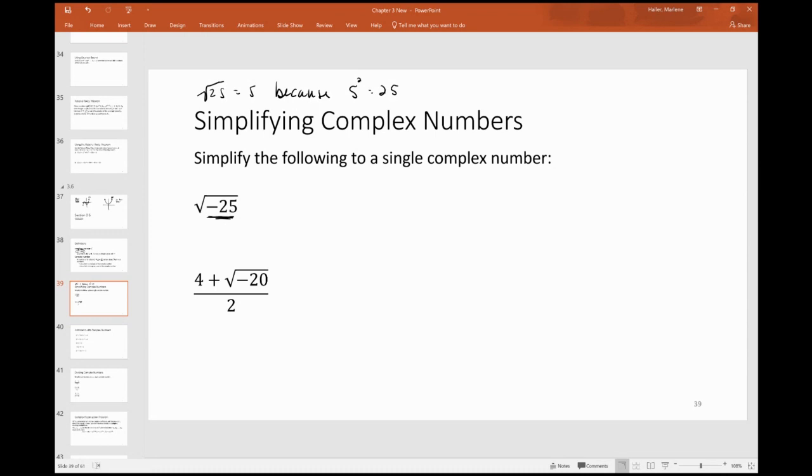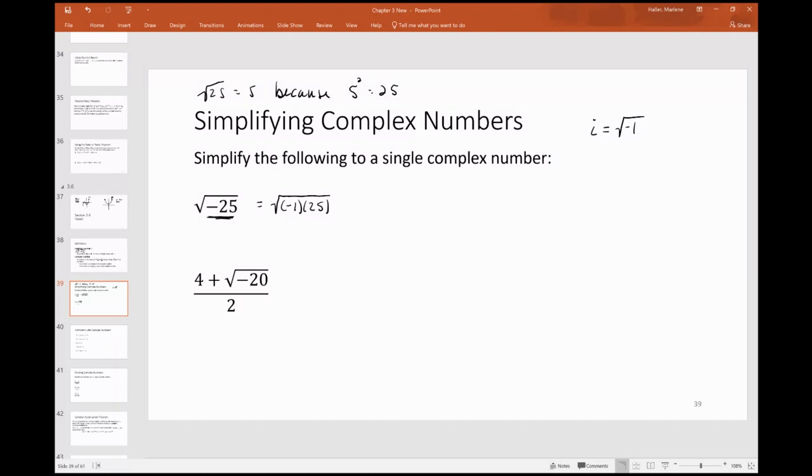However, what squared would equal -25? Nothing, right? So what we need to do is employ the imaginary number, which we refer to as i, and recall that the definition of the imaginary number is the square root of -1. So I could then rewrite the square root of -25 as the square root of -1 times 25.